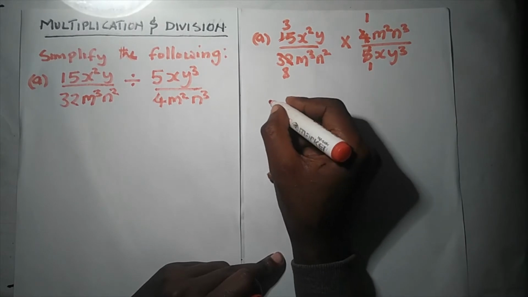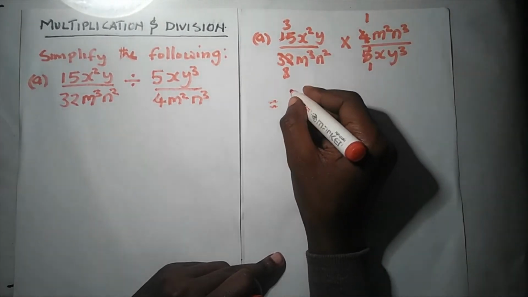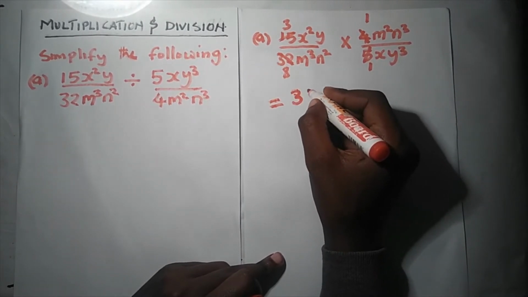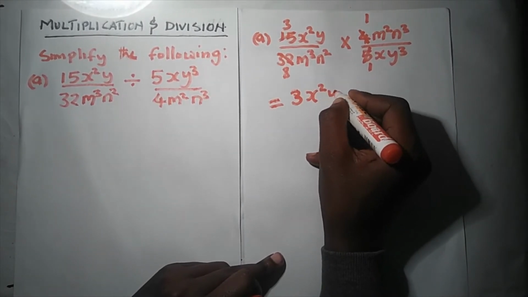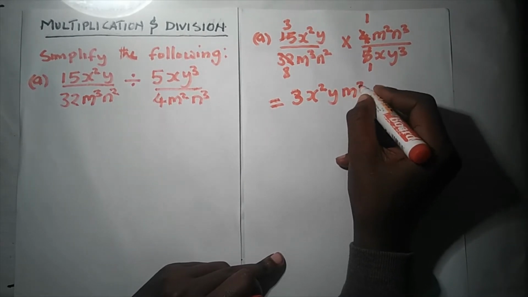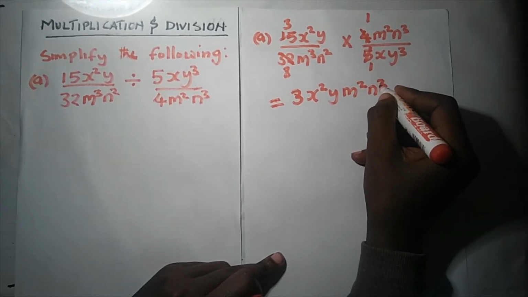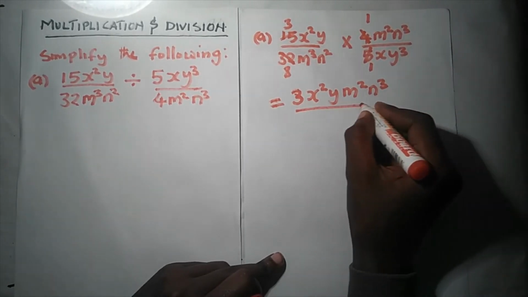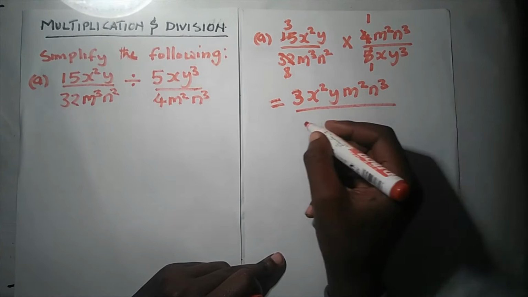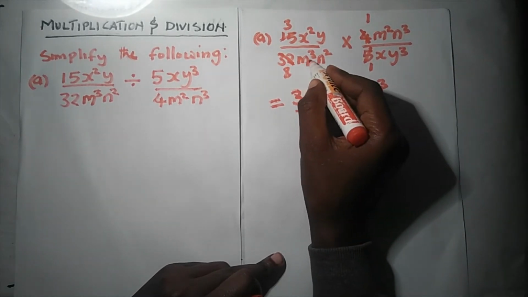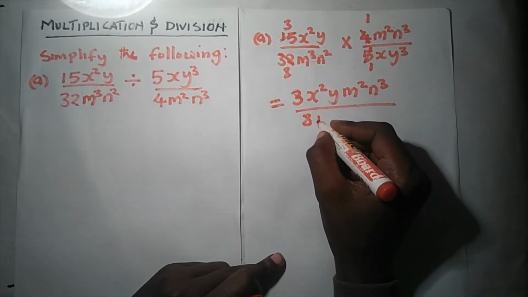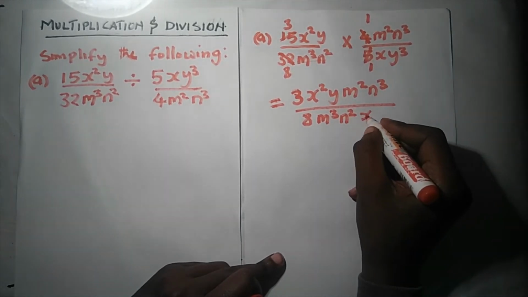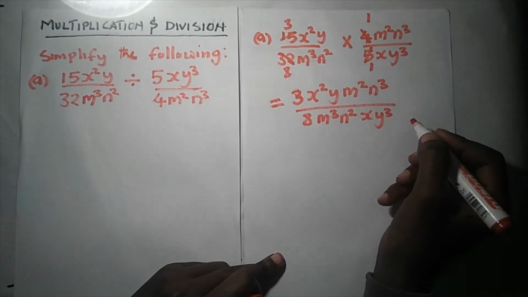So we are going to have 3 times 1 is actually 3, x squared y m squared n to the power 3, over 8 times 1, you have 8. And then when you multiply these letters here, you are going to have m cubed n squared x y cubed.